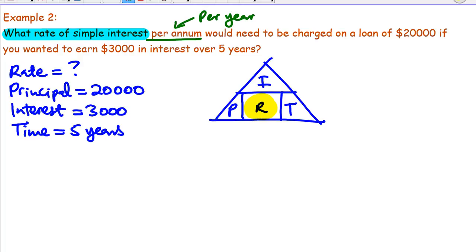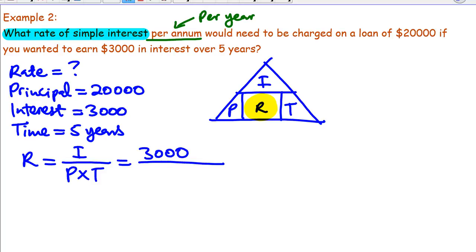So you're looking for this, which means that R will be equal to the interest over P times T. Now the interest here is 3,000. The principal is 20,000. Time is 5 years. If you plug those in your calculator, you'll end up with 0.03, which is 3%.